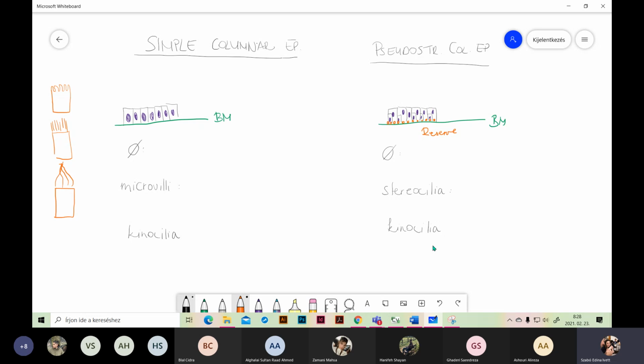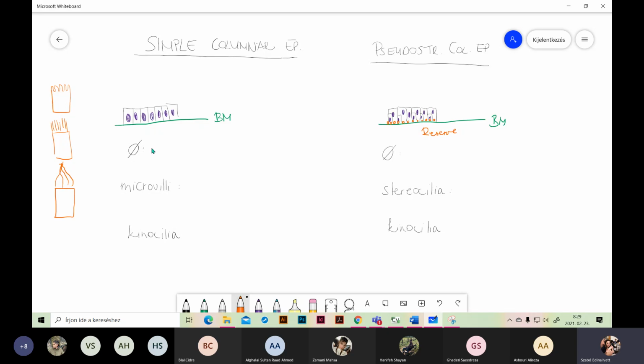Let's see the examples. Where can you find simple columnar epithelia without any surface modifications? In case of collecting ducts of glands, we have some ducts with simple columnar epithelia without surface modifications.